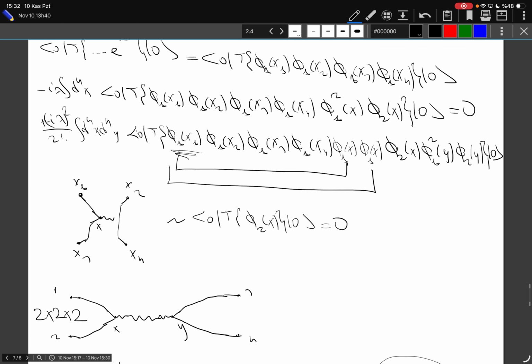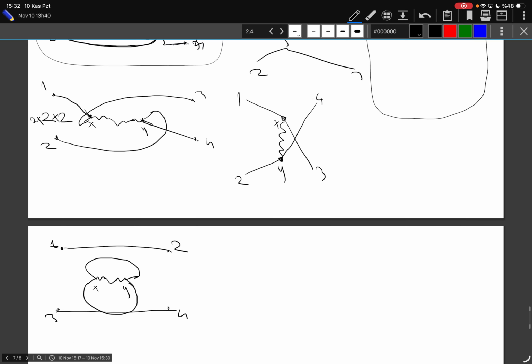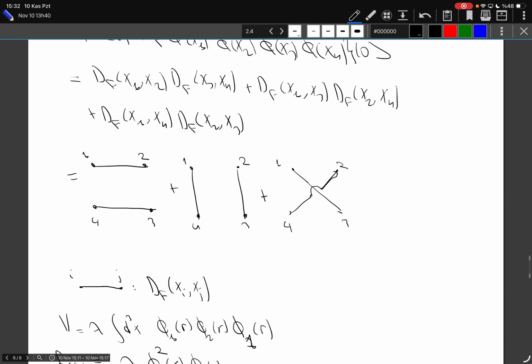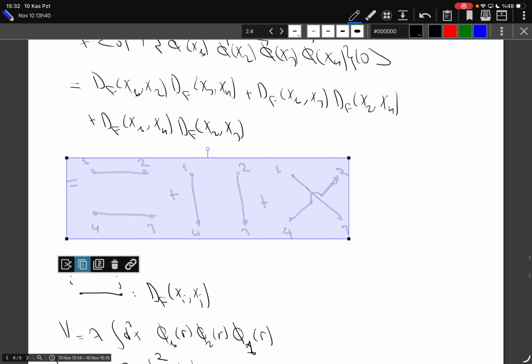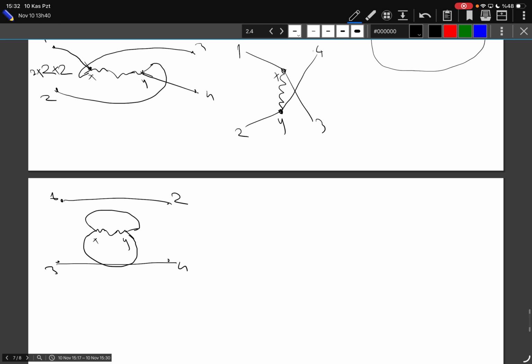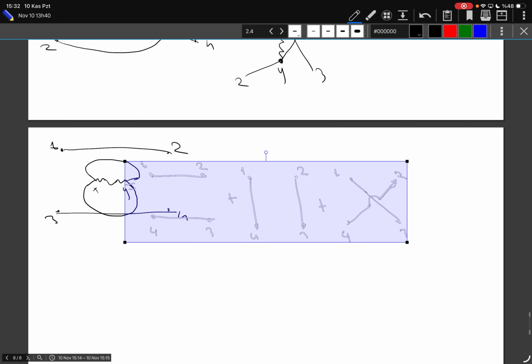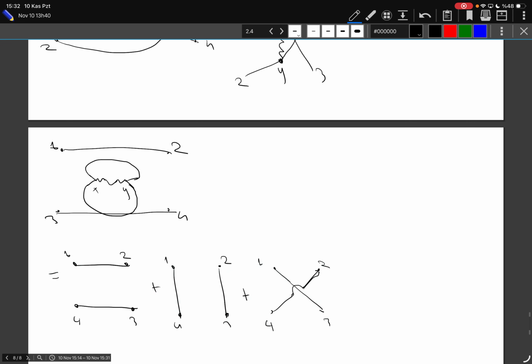What we obtain there is these diagrams times 1, well, that was the original term we had, plus these ones.